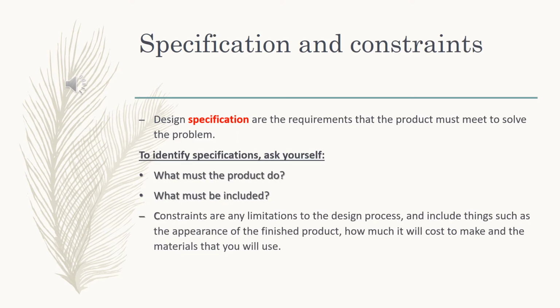Specification and constraint. Design specifications are the requirements that the product must meet to solve the problem. So we specify a list of the things the product must meet, or a list of features the product must have in order to solve the problem or the challenge that we are having.